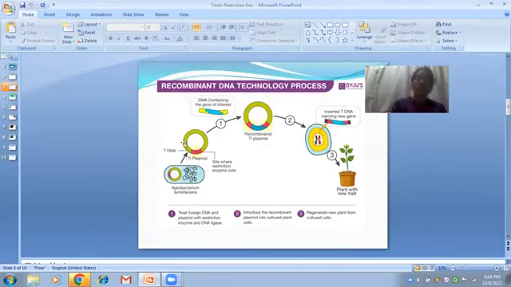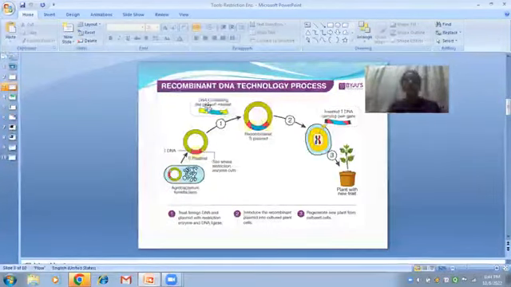Suppose this is the plasmid we are extracting, and this other one is the desirable gene. Our motto is to transfer this desirable gene to another plant, animal, or microorganism.